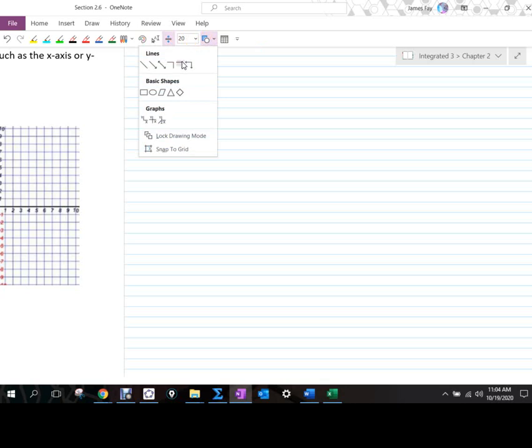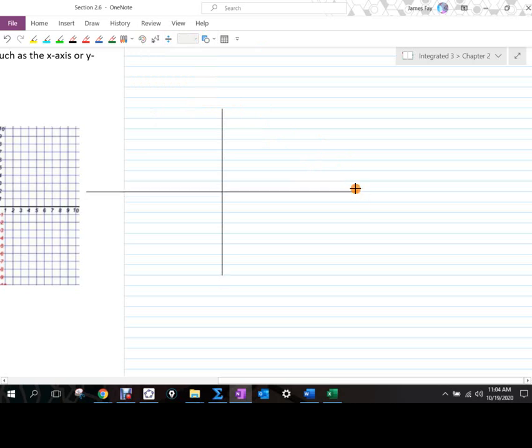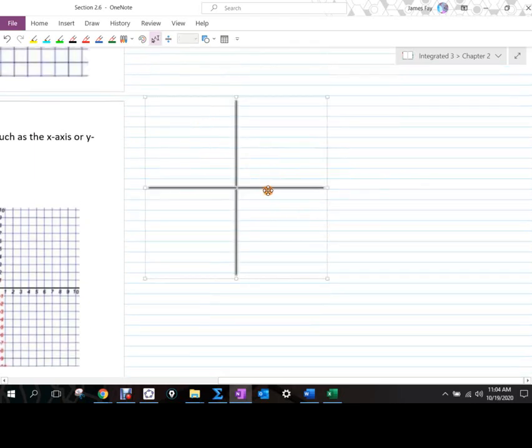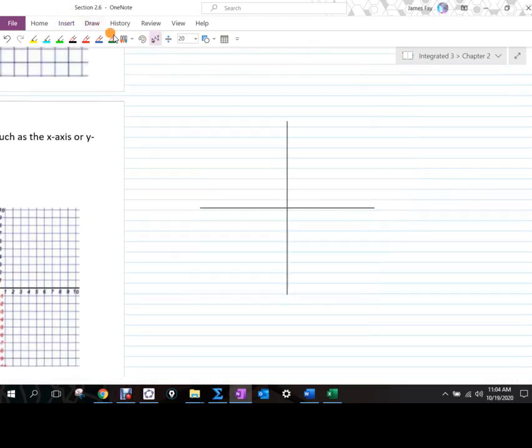If I give you a graph here of some point, let's say at this point right here has an x value of 3, 5.